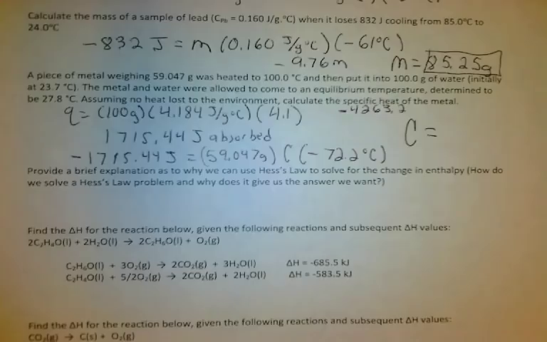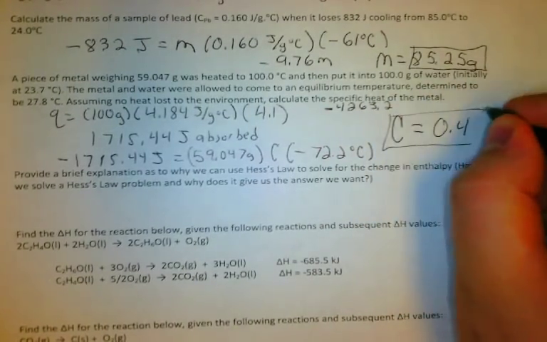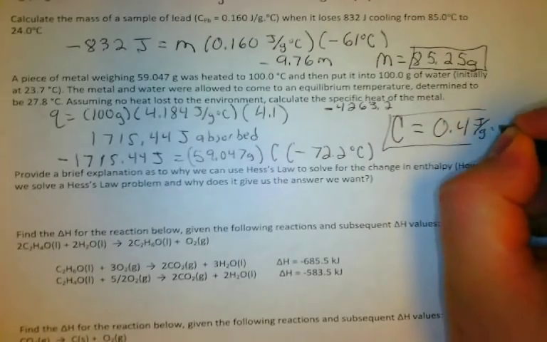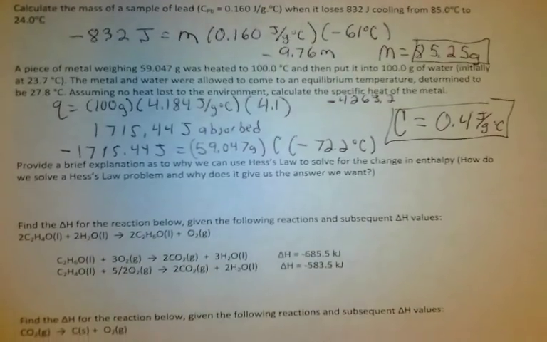I need to go the negative 1,715.44 divided by that negative 4,263.2. And we get a C of 0.4. Now, this is important because on a test, I could be given a table. That table could have a bunch of specific heats, and I could identify that metal. I could know what type of metal it was. So that's the wrap up of our calorimetry problems.